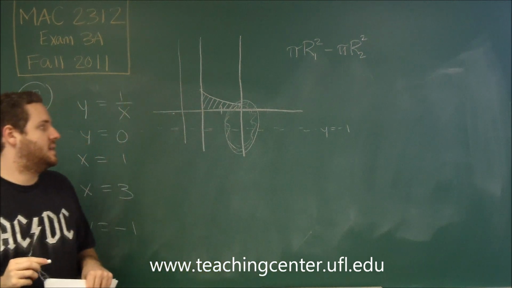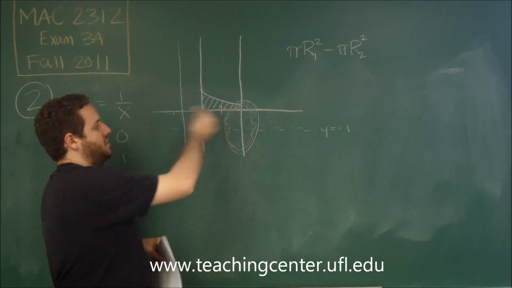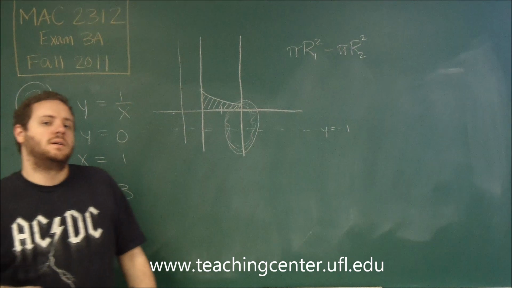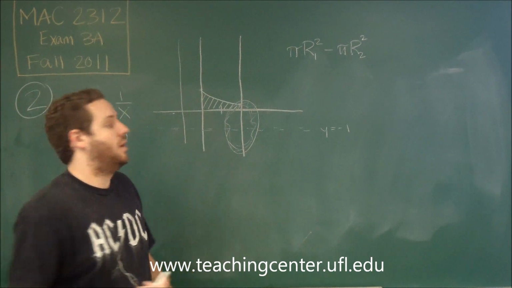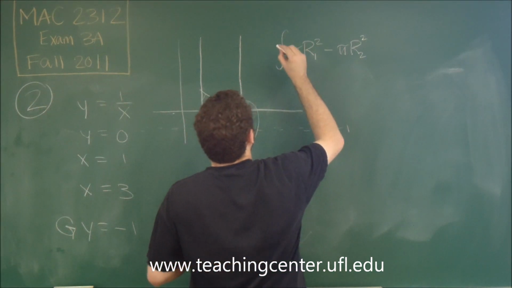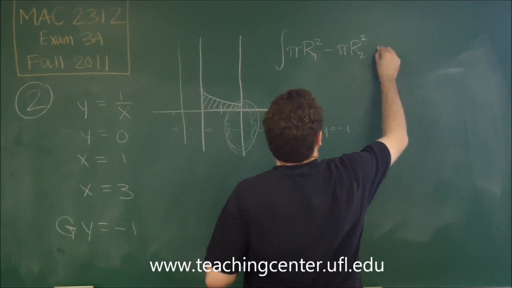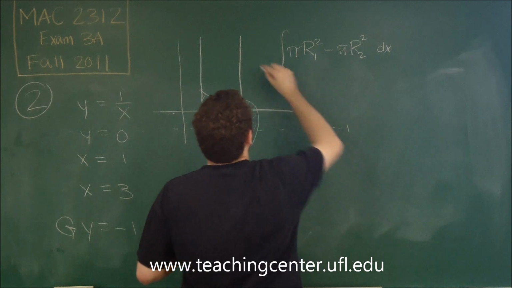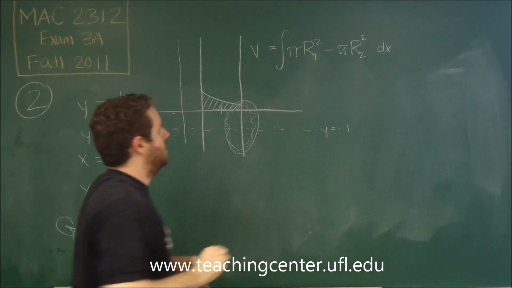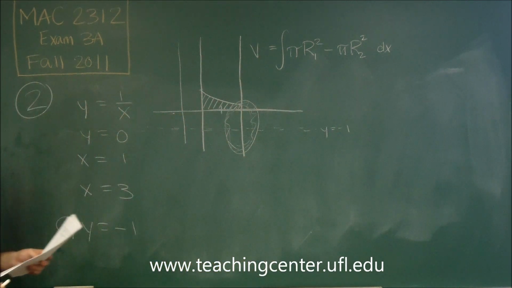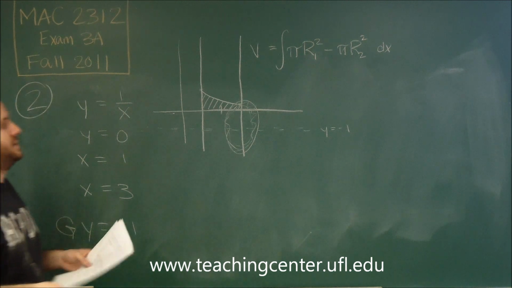And the washer method says that if you integrate that area over your range of x values, then you'll get the volume of the resulting shape. So if we integrate this, we're going to have dx. That will be our volume. So of course we can pull a pi outside of that.